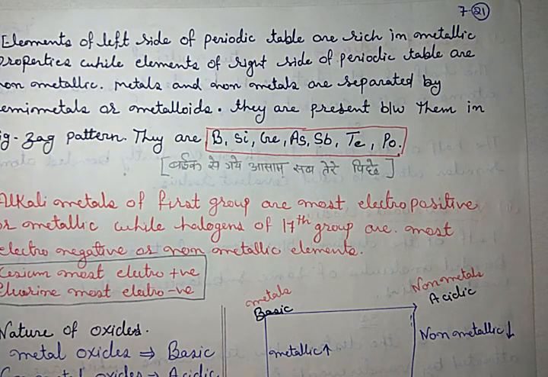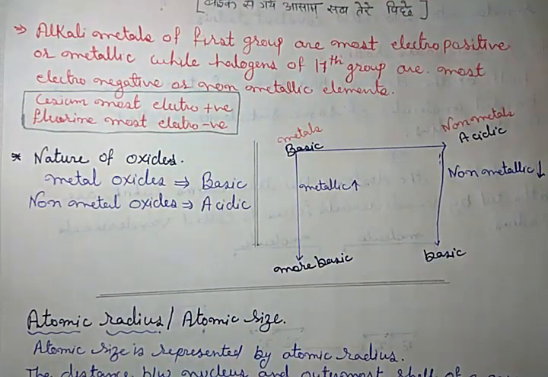Okay. Now, one more fact: alkali metals of the first group are most electropositive or metallic, because they have the highest tendency to lose electrons and make cations.